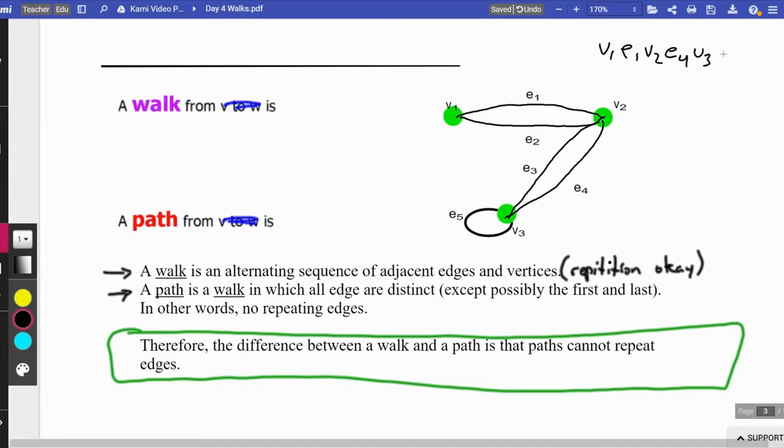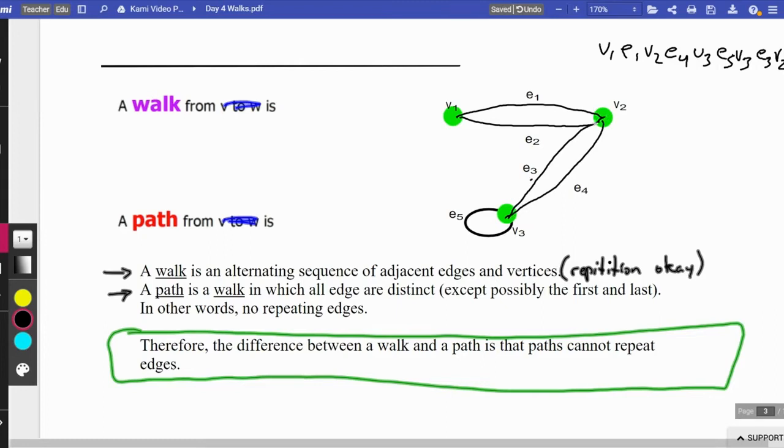We're at V3 now, and we did edge 5, so we're still at V3. Maybe we then went back to V2 from edge 3, and let's say we stopped there. That's our walk. Kind of ambling a little bit, but we went here, and then 4, did the loop, took the E3 back, and stayed there.